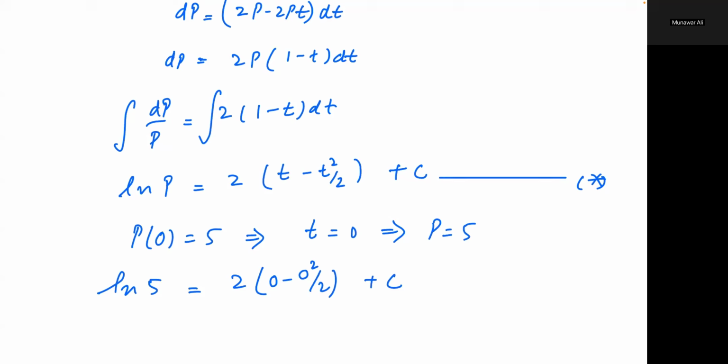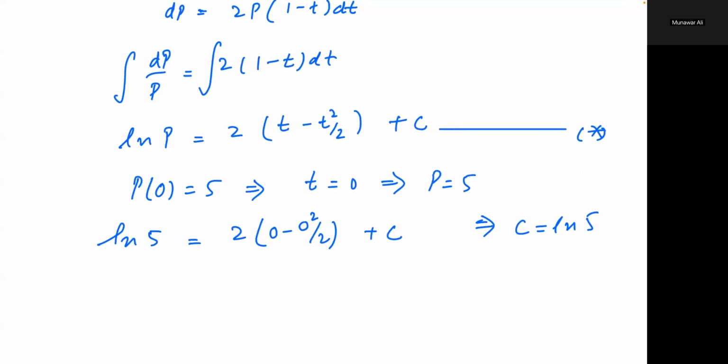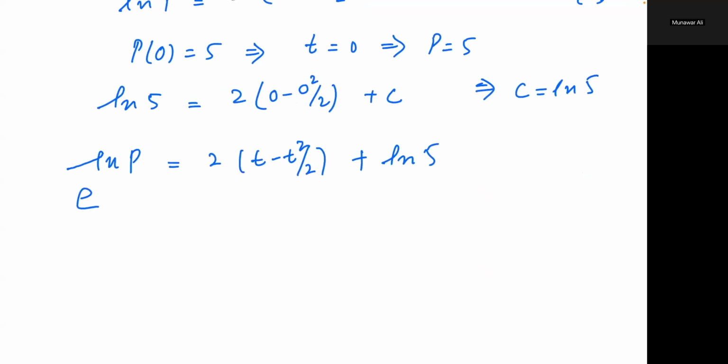So this will give the value of c to be natural log of 5. So you substitute back in this problem. This will give you 2t minus t squared over 2 plus natural log of 5. If you take exponential on both sides, the left hand side would be p, right hand side would be e to the 2t minus t squared divided by 2 times e to the natural log of 5.